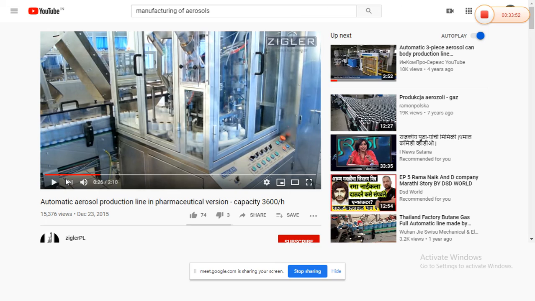It is trimmed at the opening of the top part of the assembly. Here the weighing is carried out for the empty can. Now here the propellant is filled.